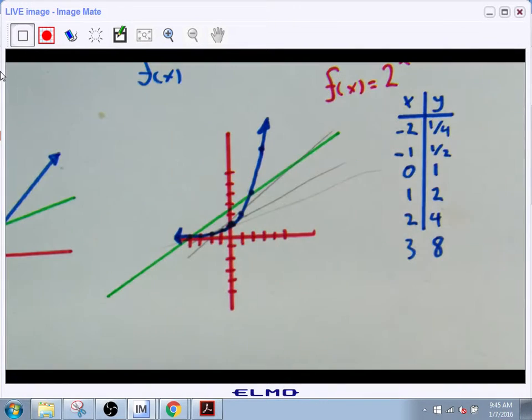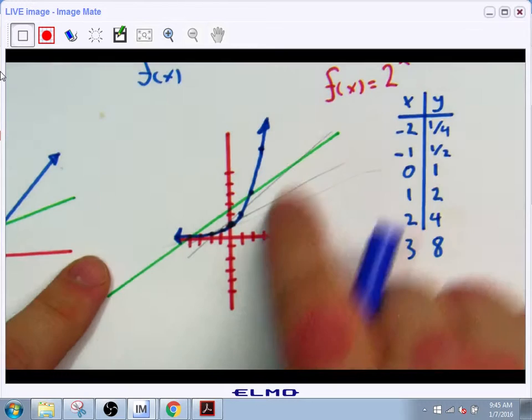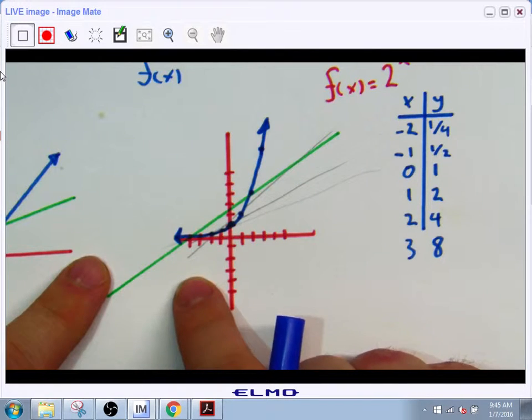Yeah? In theory, won't any exponential function, so long as it's positive, have a greater rate of change than any linear function, even if it's like 300 up? Yes, the only difference would be a very vertical line. So what Essence was asking is, in theory, wouldn't any exponential function have a greater rate of change than a linear function?